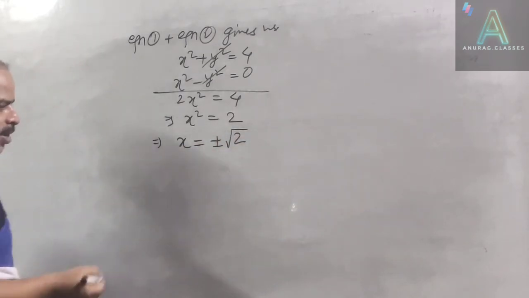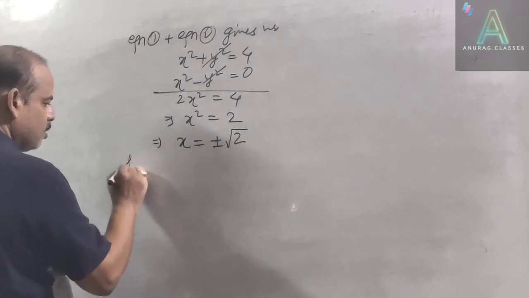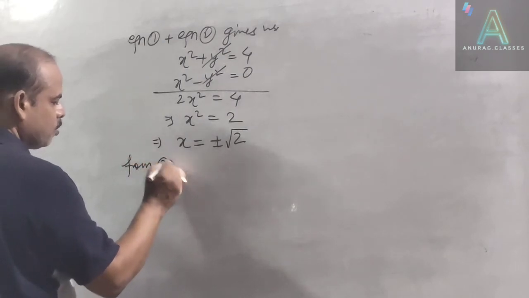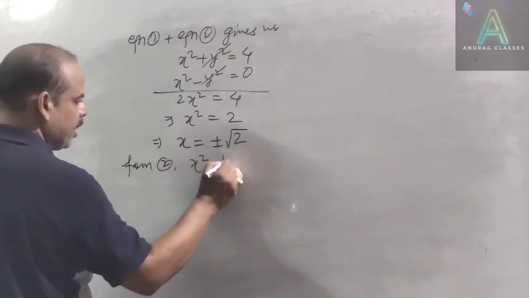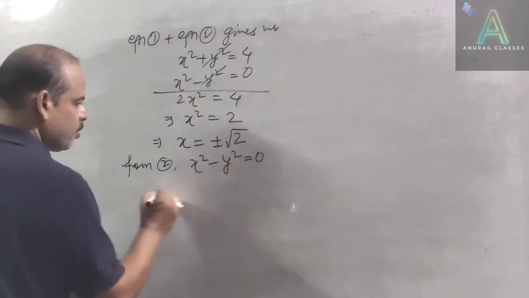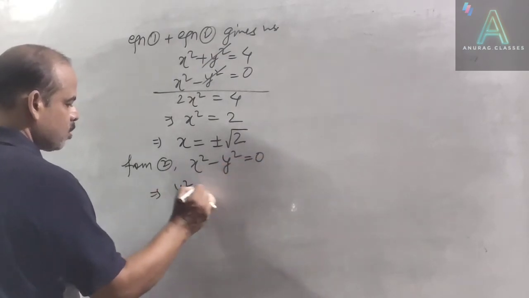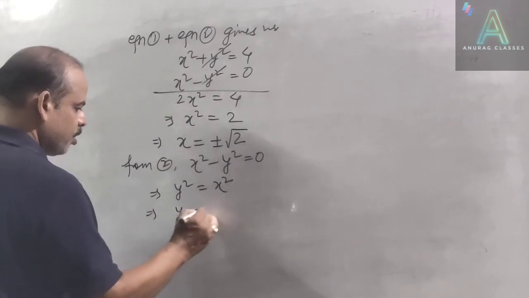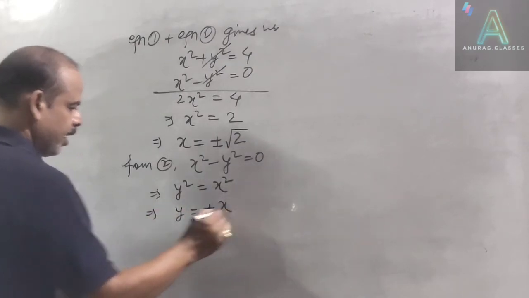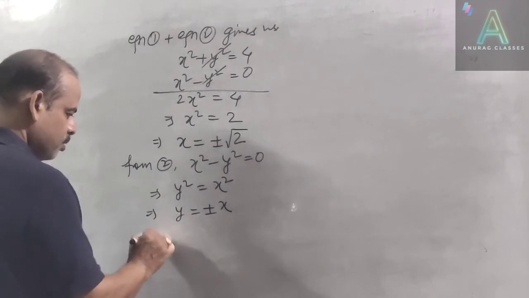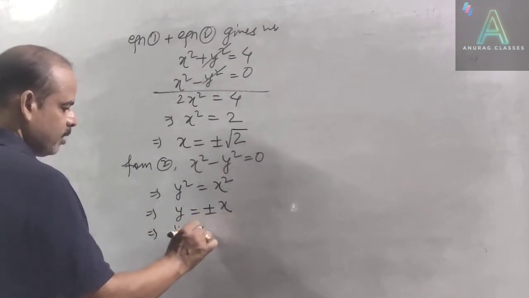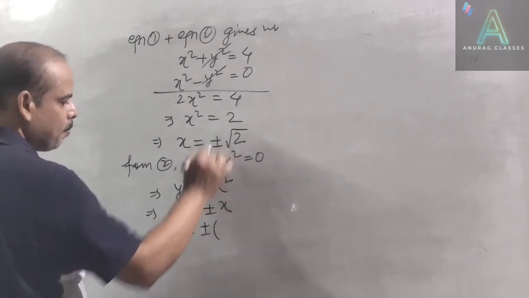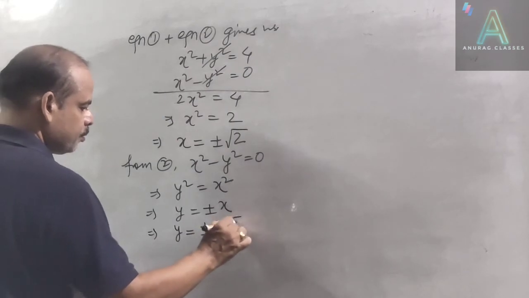Now try to find the value of y. So from equation 2, x square minus y square is equal to 0. It gives y square is equal to x square, or y is equal to plus minus x on taking the square root, but x is plus minus root 2.